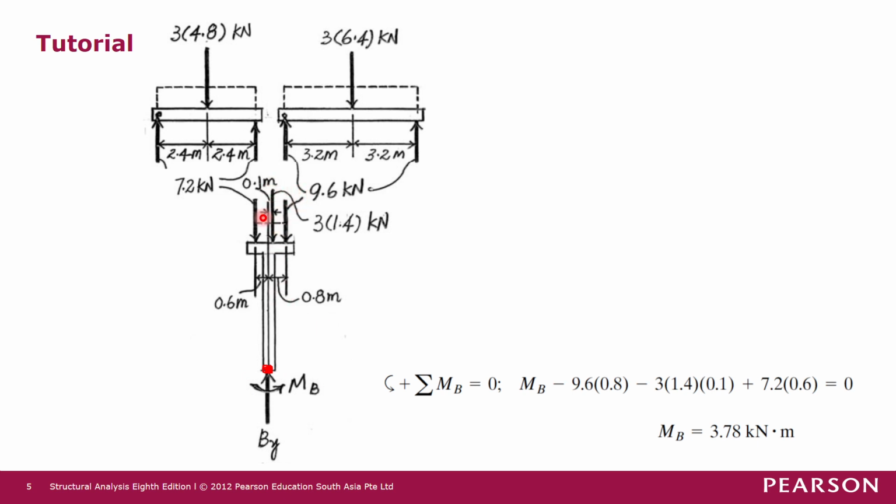And then we have all the forces acting on this part of the structures. So we have 7.2 kilonewton here at 0.6 meters away from joint B. And then we have this 3 times 1.4 kilonewton at 0.1 meter away from joint B. And we also have this 9.6 kilonewton force at 0.8 meter away from joint B. So we have to look at the moment created by these forces one by one.